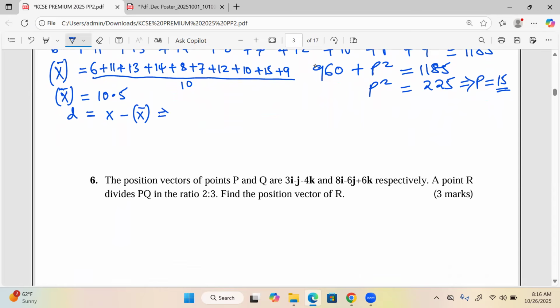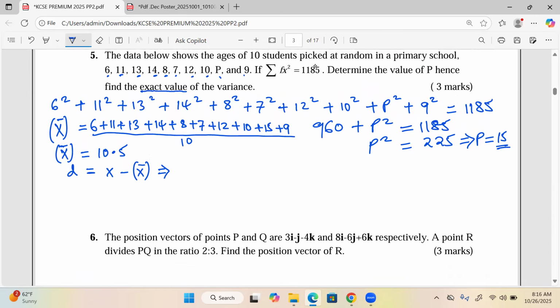So let's get deviations. 6 minus 10.5, I'm getting negative 4.5. 11 minus 10.5, I'm getting 0.5. 13 minus 10.5, 2.5. 14 minus 10.5, 3.5. 8 minus 10.5, negative 2.5. 7 minus 10.5, negative 3.5.